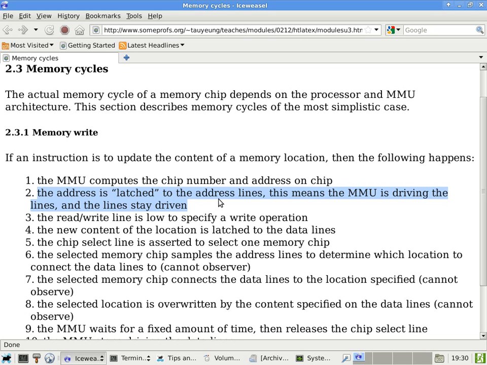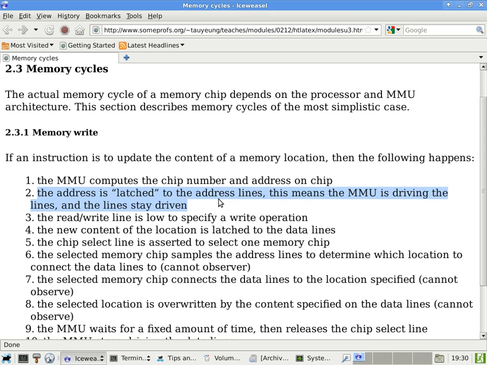In other words, the MMU will drive the address lines, A0 to A8 in this case. It will drive the address lines high or low: in this case, we have low, low, high, low, high, high, low, low, low. Now, what is high and what is low depends on the memory chip.